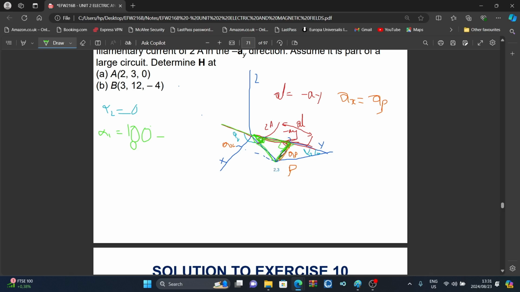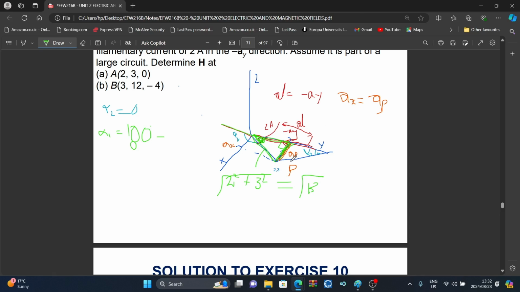You can use any method to calculate it. Our hypotenuse will be the square root of 2 squared plus 3 squared, which gives you the square root of 13.